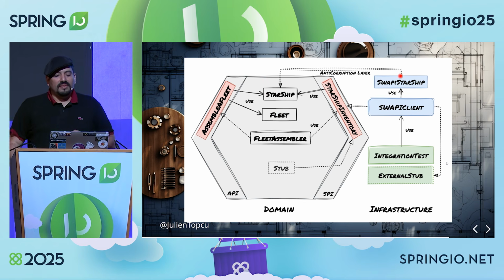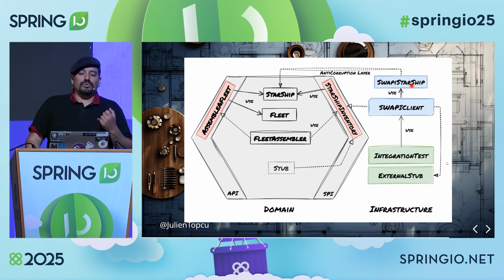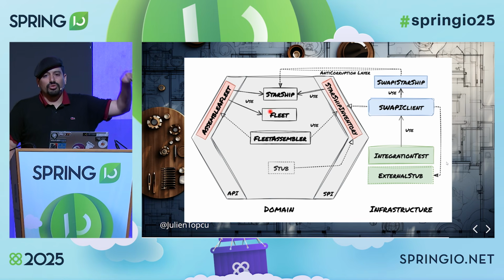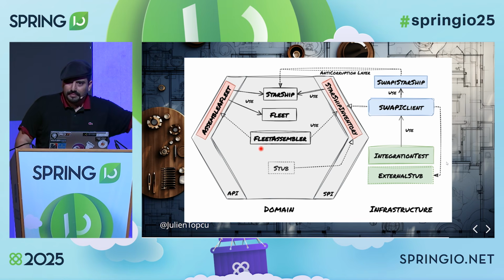And it's not a simple conversion. This is also what we call an anti-corruption layer, because everything that enters the domain should always be valid. So when you have some weird things like passengers at NA, the domain doesn't care about that Starship. So the aim here of the Swappy client is to filter out all the Swappy Starships that cannot be mapped into the domain. That's why it's called an anti-corruption layer.